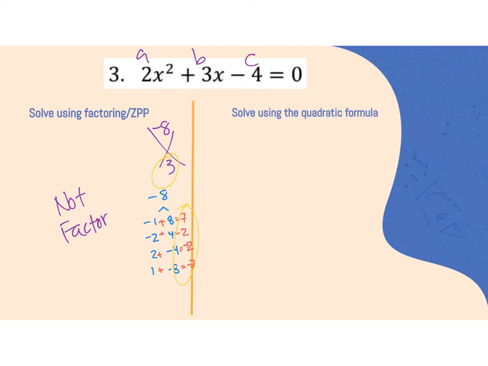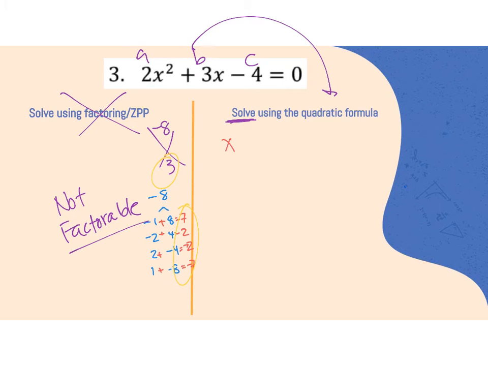All right, now, just because it's not factorable doesn't mean it doesn't have a solution in the quadratic formula. What it means is we have to use the quadratic formula. You can't use the factoring method because this is not factorable. So then I'm going to go ahead and use the quadratic formula here and see what happens.